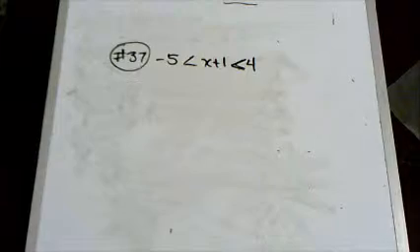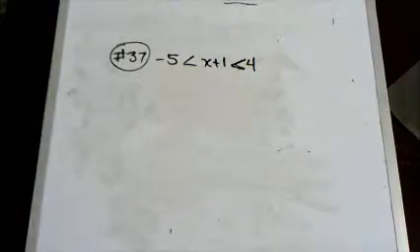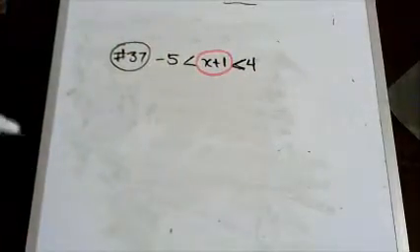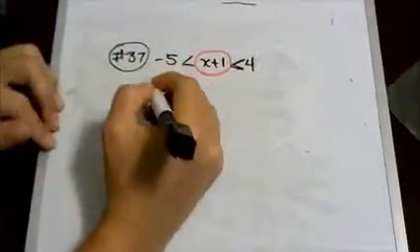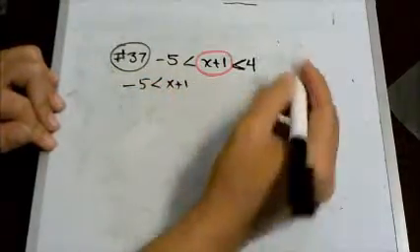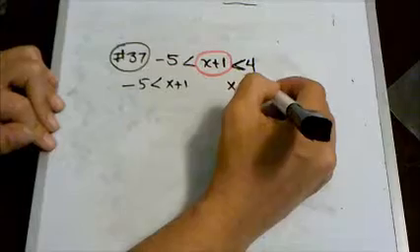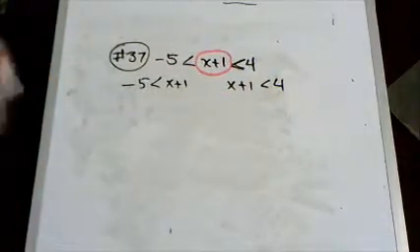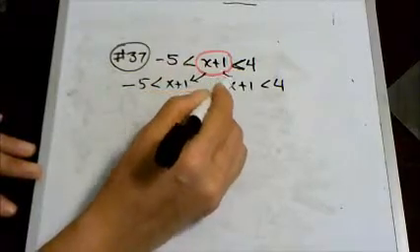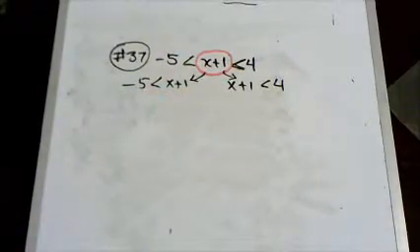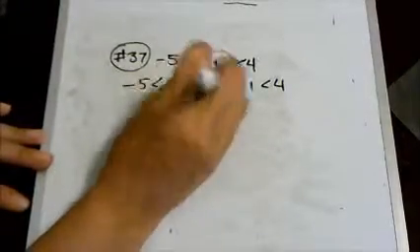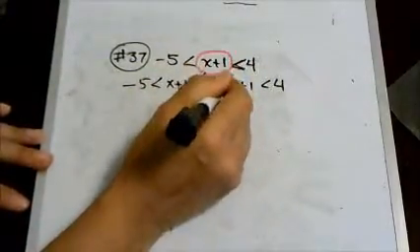Everything in the middle between those two inequalities, which is this right here, I'm going to put on both sides of what I'm about to do. So -5 is less than x plus 1. And then I'm going to do the same thing over here. So I separated it into two. One goes here, one goes there, so that I can work it out so I don't get confused. And then I just work it out the way I normally would. So let's work it out the way we normally would.